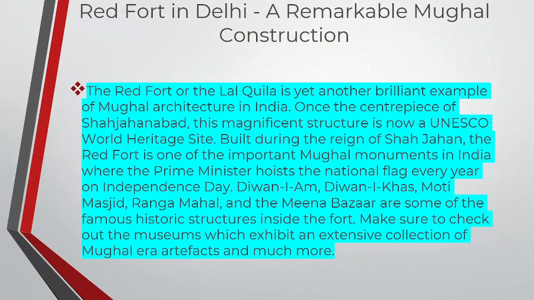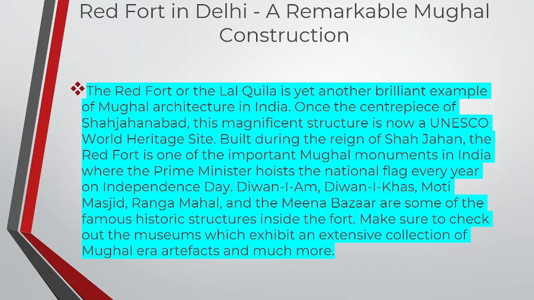Now we are going to talk about the Red Fort in Delhi, a remarkable Mughal construction. Red Fort or the Lal Qila is yet another brilliant example of Mughal architecture in India.